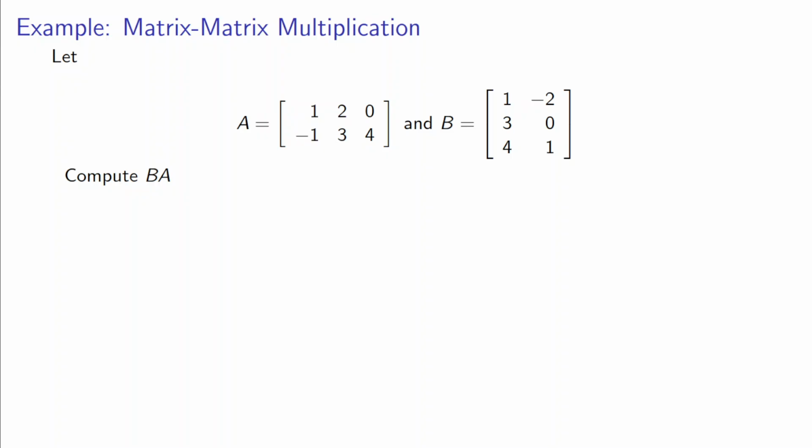The result is the same, right? So, for real numbers, if you did 2 times 5, you get 10. And if you did 5 times 2, you get 10. The order doesn't matter. Let's see if that holds true for matrices. So we're going to take B this time, multiply it by A.